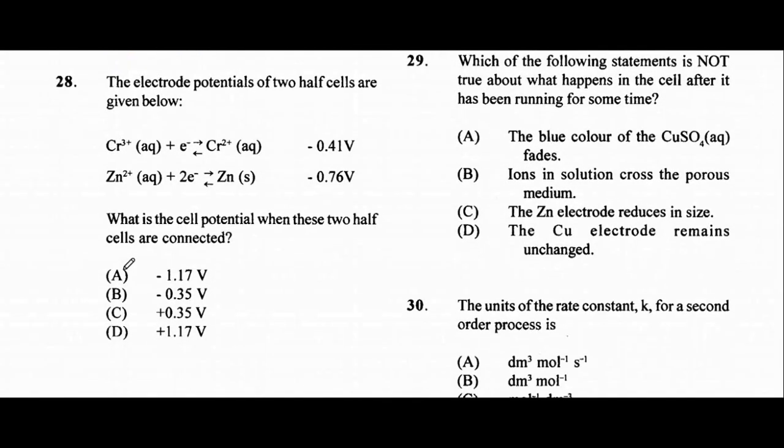Alright, so this says the electrode potentials of 2 half cells are given below. So we have the chromium 3 ion there, and it is reduced, and we have the zinc right there as well, and it's also reduced. Now it says, what is the cell potential when these 2 half cells are connected?